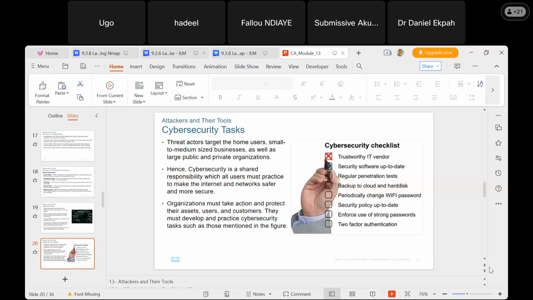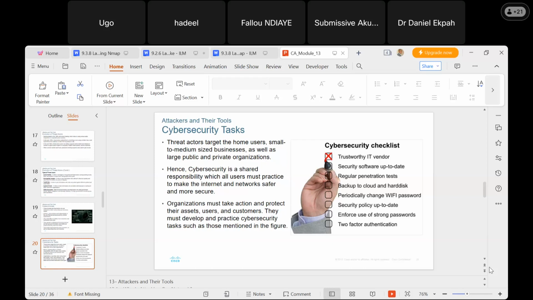The organization must take action and protect their assets, users, and customers. They must develop and practice cybersecurity measures, such as those mentioned in the figure. So these are the tasks that a cybersecurity expert must provide. The checklist: one, a trustworthy IT vendor; two, security software up to date. You should be able to have some patches to cover up vulnerabilities.